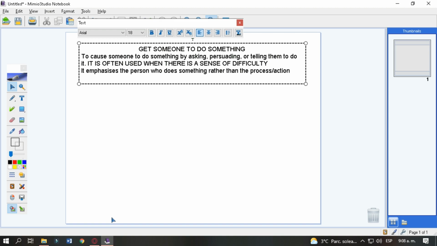It is not going to be the easiest activity to do, and when we use this structure, we want to emphasize the person who is doing something. On a scale of importance, the person comes first, and then what we are getting that person to do.